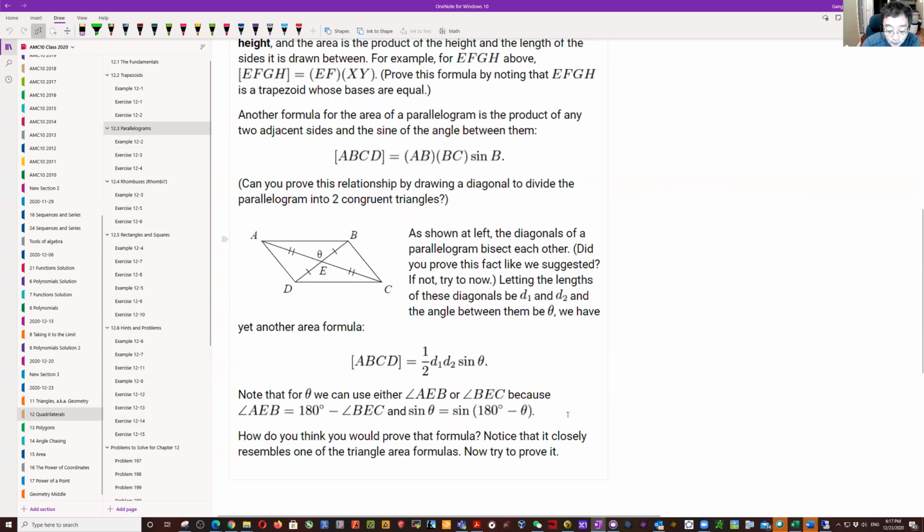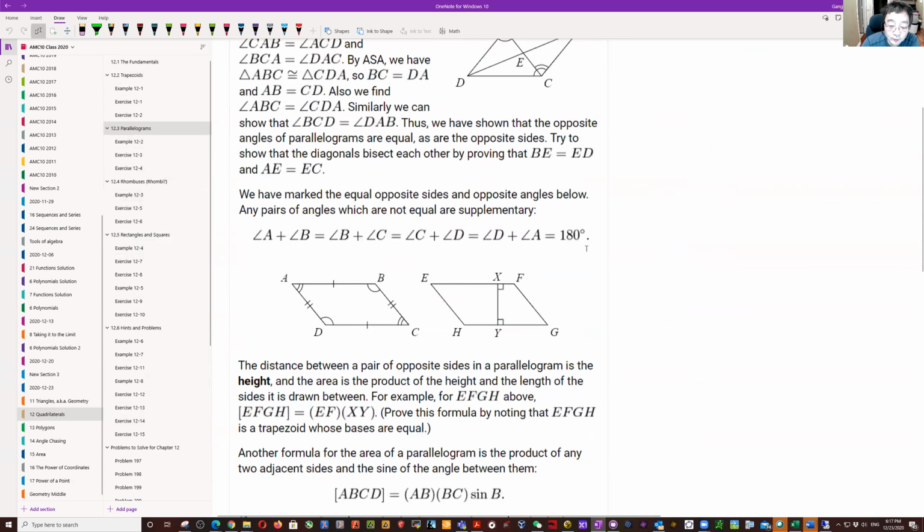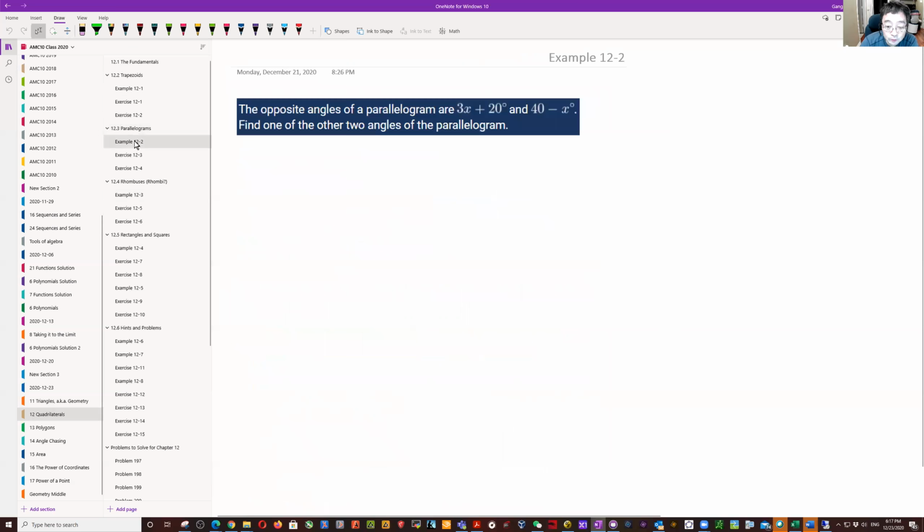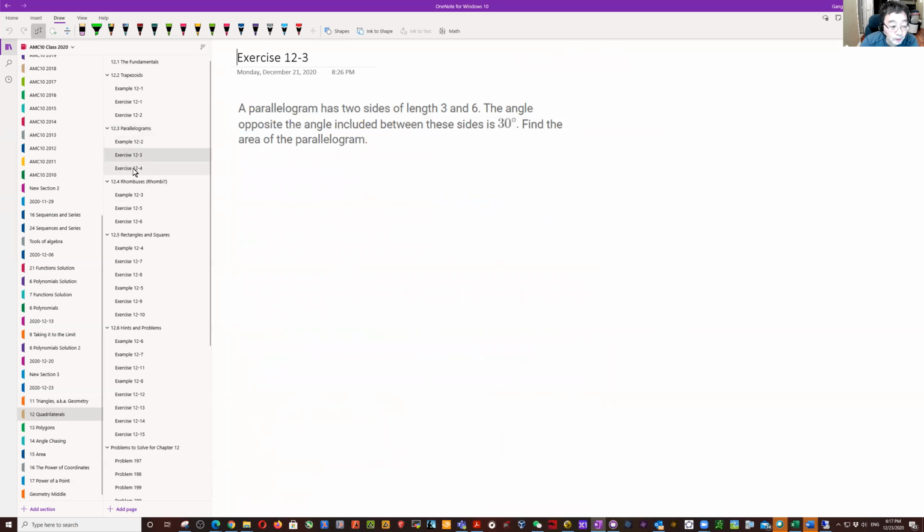And the parallelogram. Within the parallelogram, there are a lot of fun facts that you can prove with triangle congruency. Let me prove one of those for you.